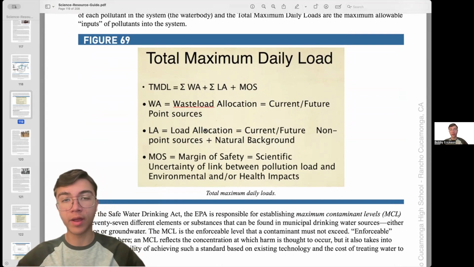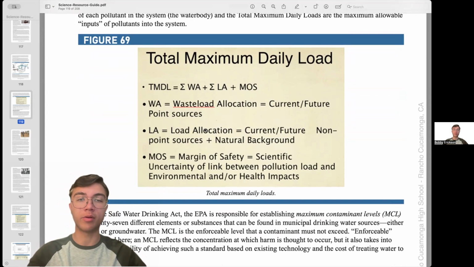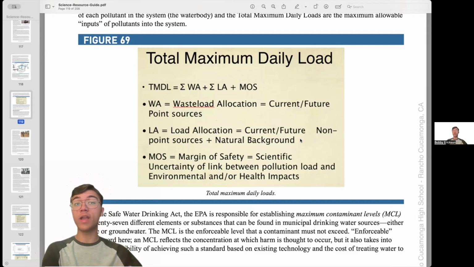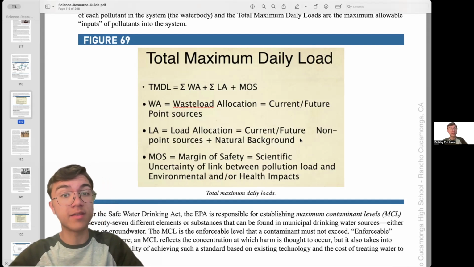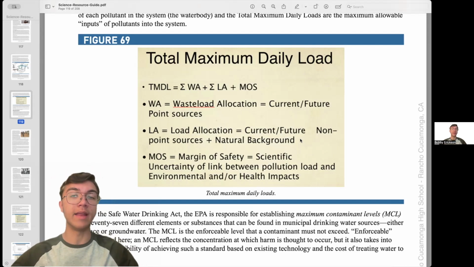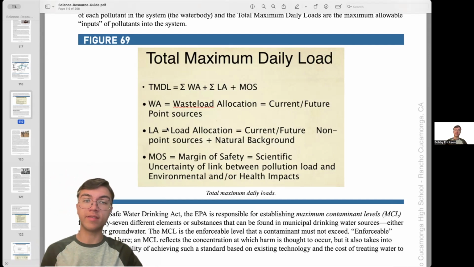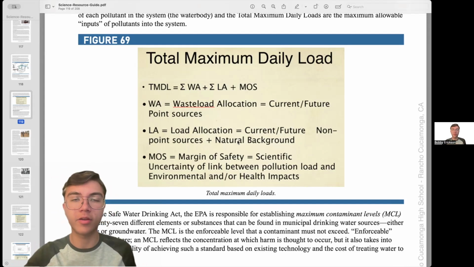And then the load allocation is non-point sources and natural background. So waste load is point, load is non-point. Think about the word waste: it is present in waste load allocation, therefore it is a point source, whereas waste is not present in the word load allocation, so it's non-point. That's how you can memorize that.